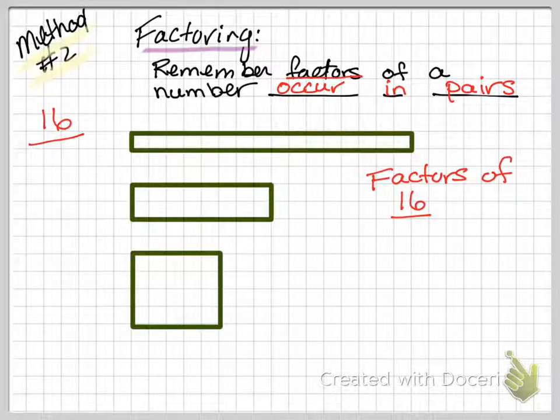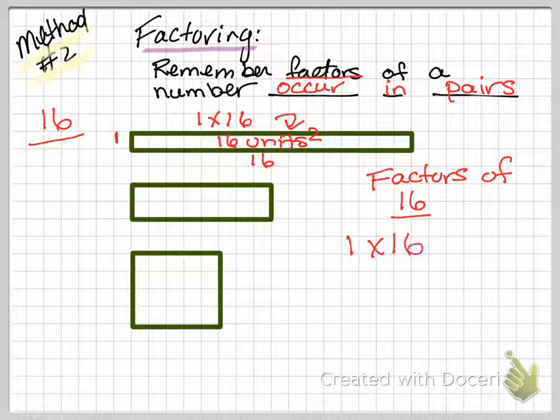Well, I can have 1 times 16. That's what this box is representing. I have 1 on this side, 16 represented here, and the area inside of this box is 16 units squared. So 1 times 16 is a factor pair of 16.